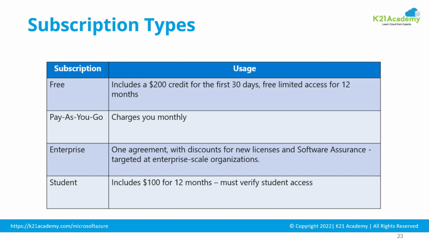Now, unlike AWS, here the first 30 days or $200 credit, whichever comes first, will be applicable. So if you've used all $200 credit within 15 days, your account will then be limited and you won't be able to do much on that account. But you don't get charged anything for the first 30 days unless you upgrade to the pay-as-you-go model.